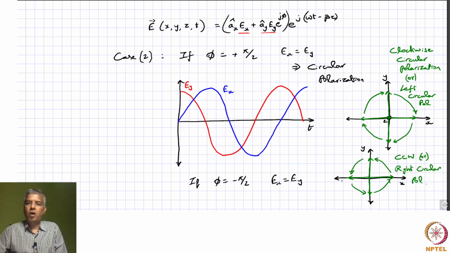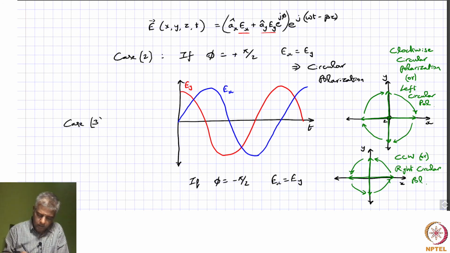So any of these polarization states can be represented, and anything else in between is going to be elliptical polarization, right? So along the equator it will be all these different polarization states.